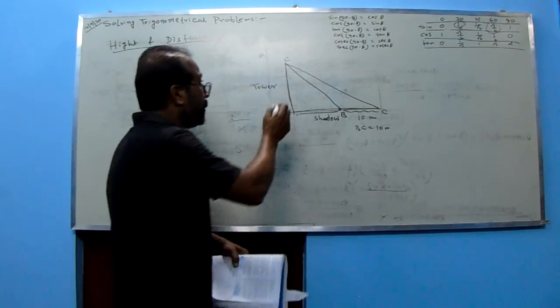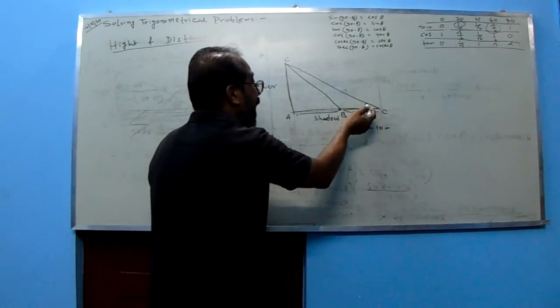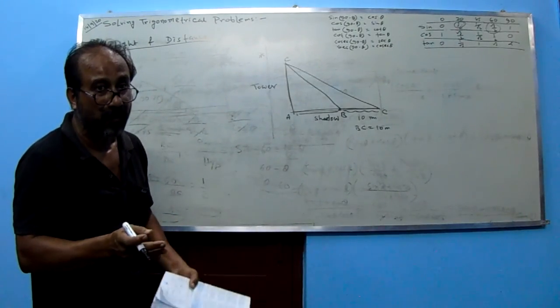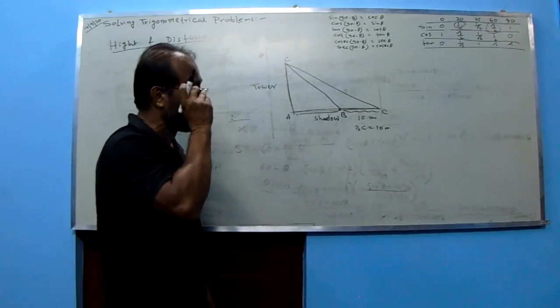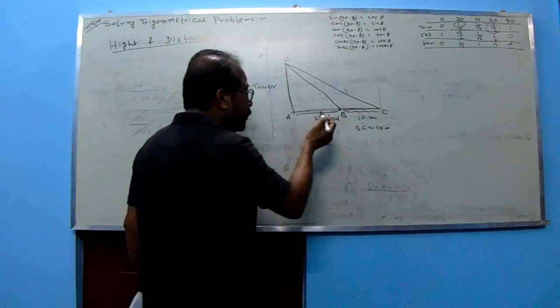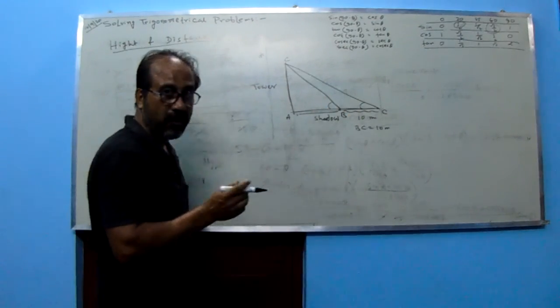Because of this change in the position of the sun, the angle of elevation is also changing, from 45 degrees to 30 degrees. Now my advice to the students is about which one to take as 45 and which as 30.